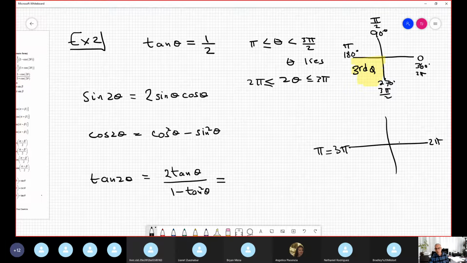Pi alone is 1/2 a revolution, 2 pi is 1 full revolution, and 3 pi is 1.5, so 1 revolution and 1/2.